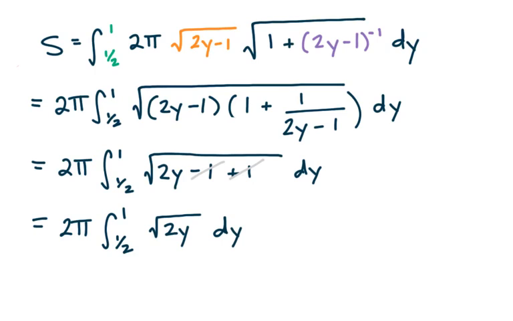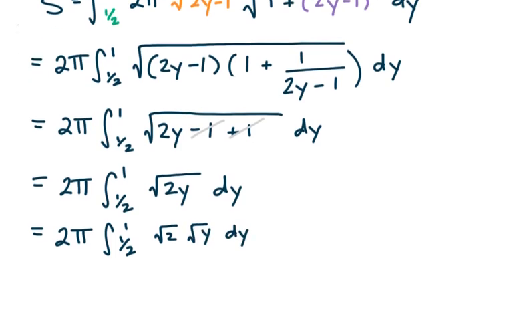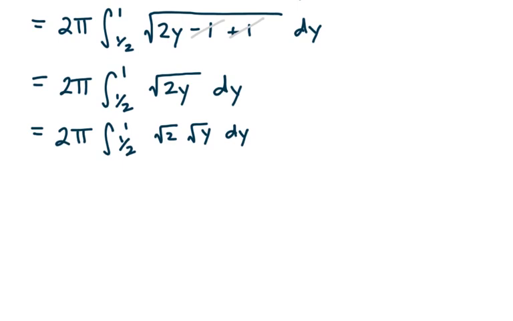Now, the square root of 2, using properties of radicals, that's the square root of 2 times the square root of y dy. I can split this apart. This constant can come in front.